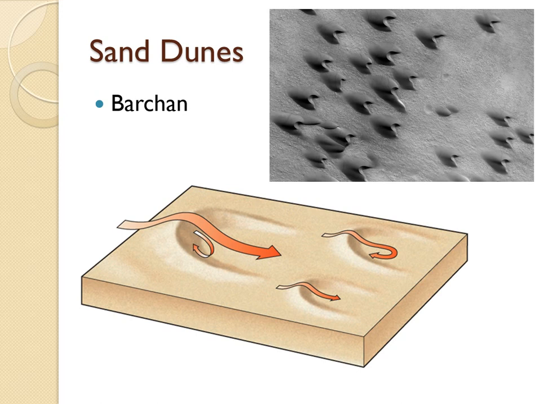So an area that has a really big supply of sand and has lots and lots of dunes is called an erg, E-R-G, or a sand sea. Erg, I believe, is Arabic in nature as well, just because, like I said, we have a lot of Arabic terms in our desert and stuff.